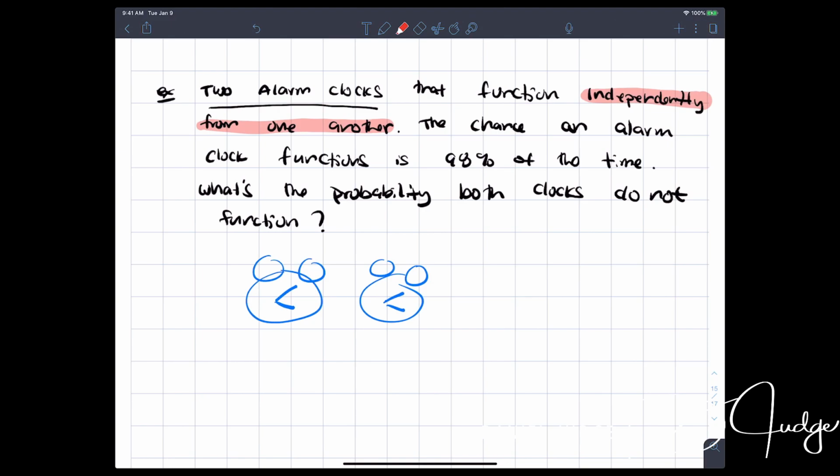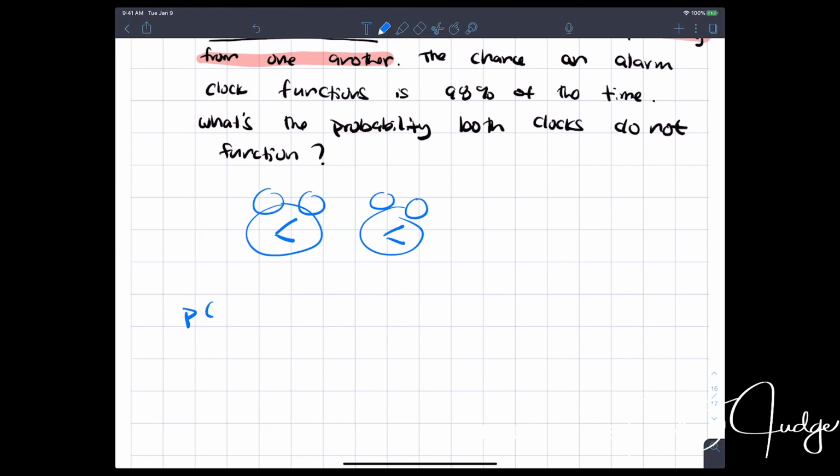They want to know, what's the chance that both of these clocks do not function? Because remember, you have to wake up in the morning, you have to come to class, and if both fail, then they are not waking you up. You need at least one to work. So we want to know, what's the probability both clocks do not function? Let's write this down in words.